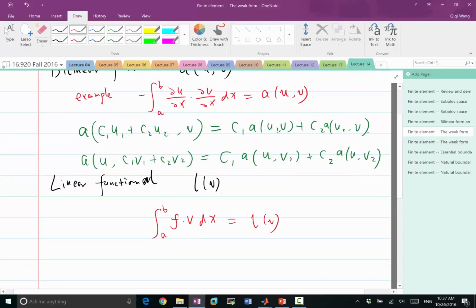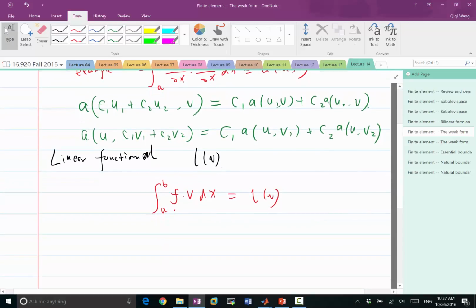L of V has a single argument because f is predefined. F is a given known function. Another example of a linear functional is L of V simply equal to V at 0.5, our previous example of when f is a delta function. So that's also a linear functional.